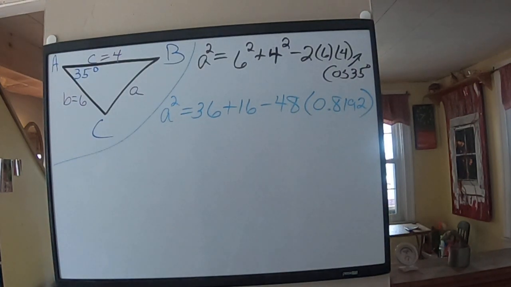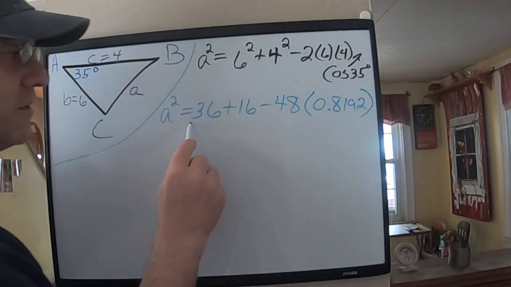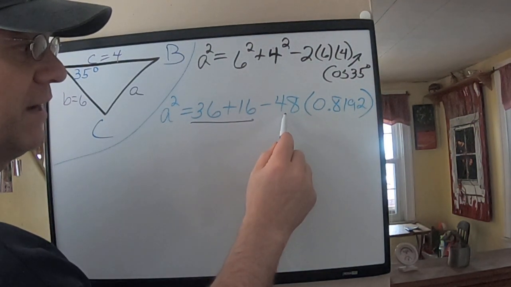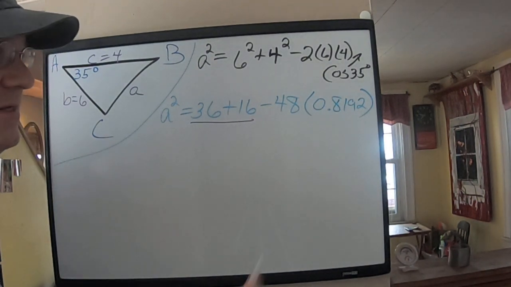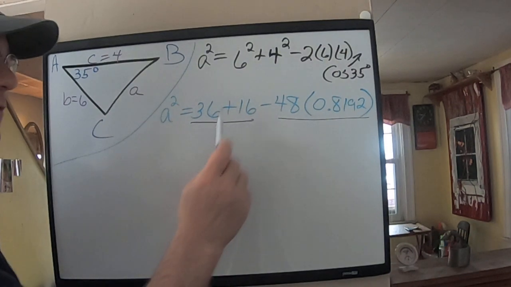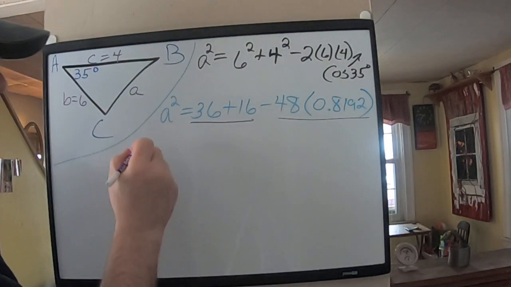Now that I've done that, I can go ahead and do some simplification. Notice you can combine these two, but you don't combine this one with these two because this is multiplied times here. So we're going to combine here and we're going to multiply there.